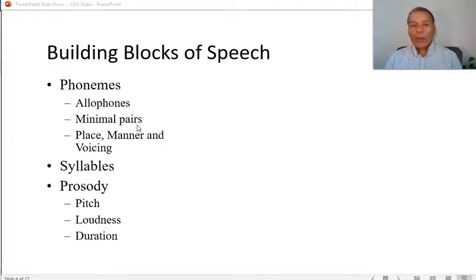Another example, and again, write notes because you will be asked to give examples and particular definitions. Another example, hay and hair. So the final sound is different. Another example is snack and stack.